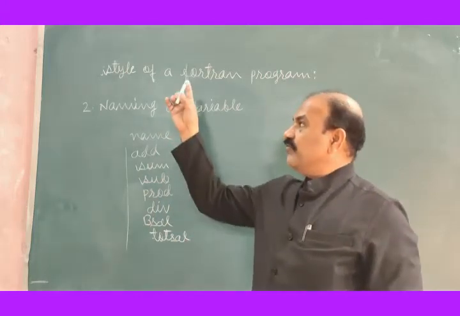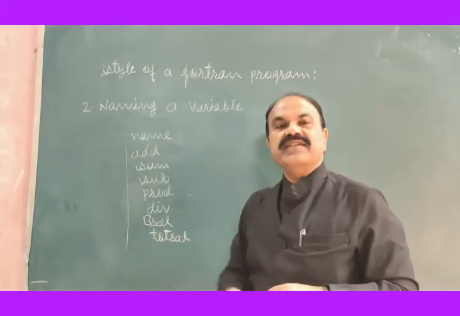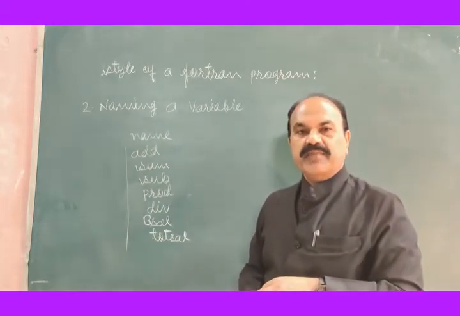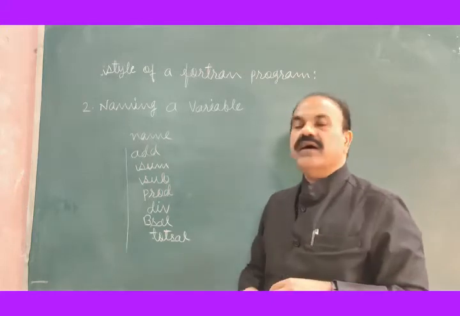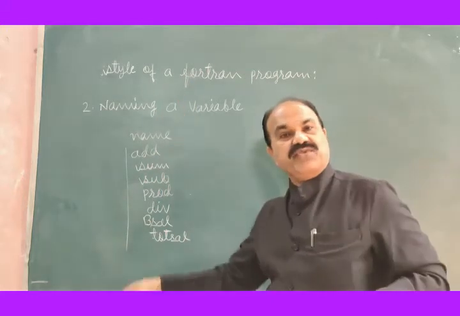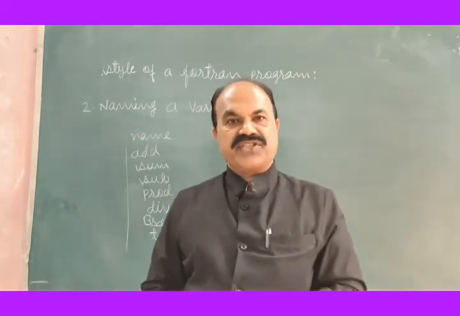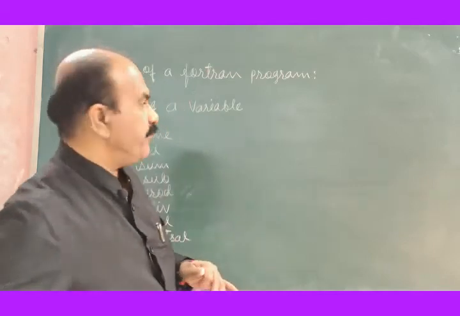Okay. So, when we talk of style of a Fortran program, the second thing that we must remember is naming variables, and what things we discussed should be remembered while naming variables in a Fortran program.